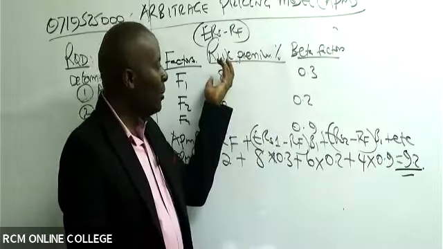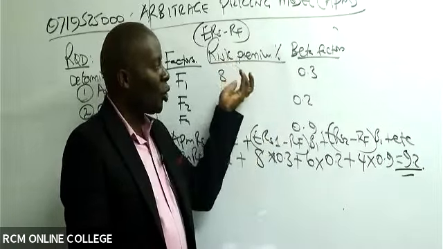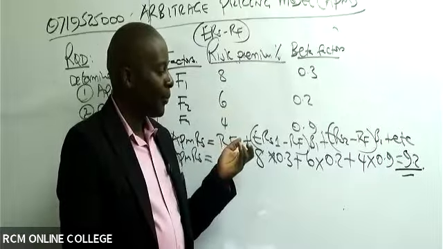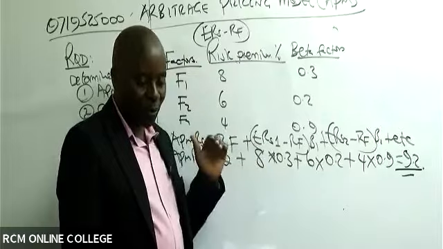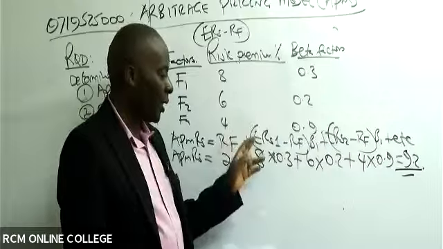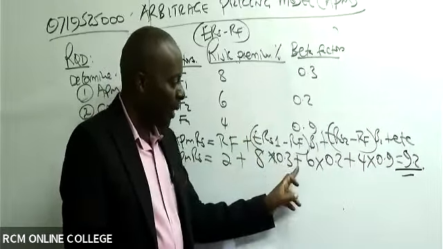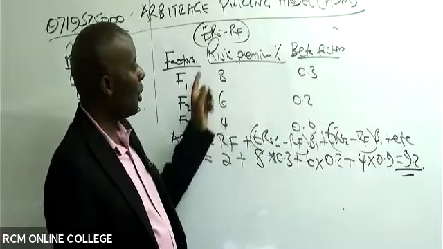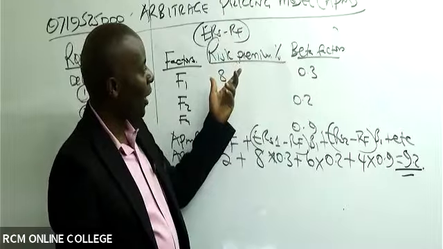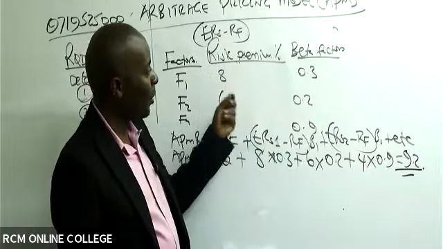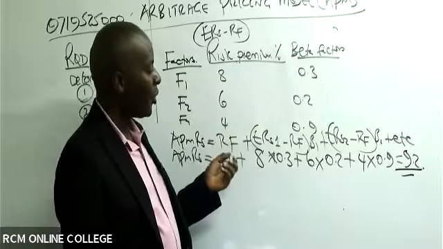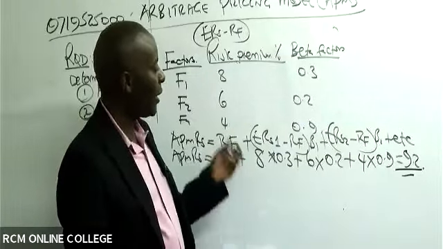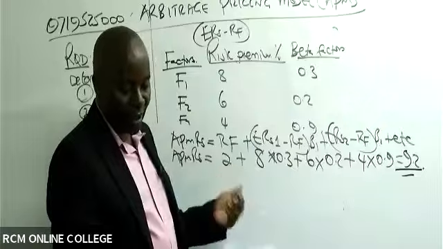Yours is to pick the premium the way it is given. Now you subject it to the beta factor. So don't subtract again. There's nothing to subtract. So you take here 8 times 0.3, plus the second risk premium, which is already subtracted for me. Whenever they give me premium, there's nothing to subtract again. So you take 6 times 0.2, plus 4 times 0.9.